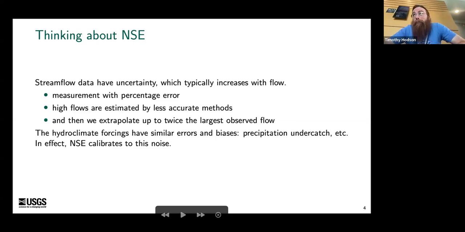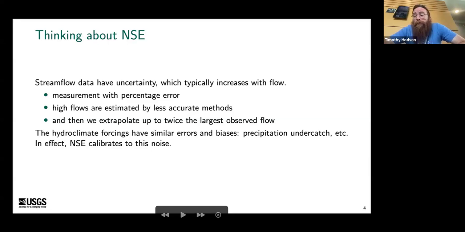And finally, we are allowed to extrapolate those rating curves twice beyond the largest observed flow. So there can be a substantial uncertainty at the upper end. And the same goes for a lot of the hydroclimate forcings that we use. They can have small errors and biases. Precipitation undercatch is one example. But the point of this is, in effect, Nash-Sutcliffe, in calibrating to the highest flows, is calibrating to noise.